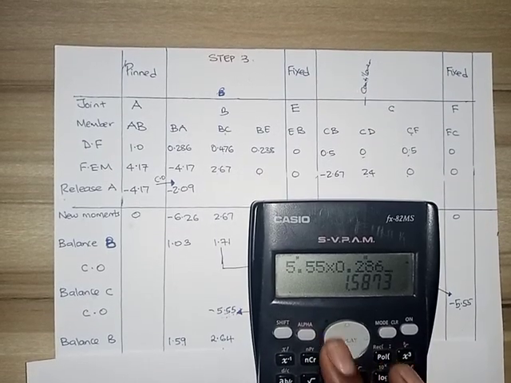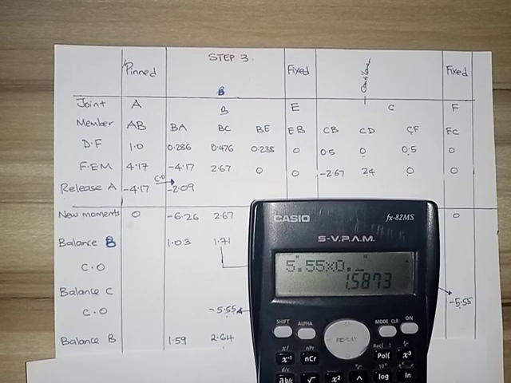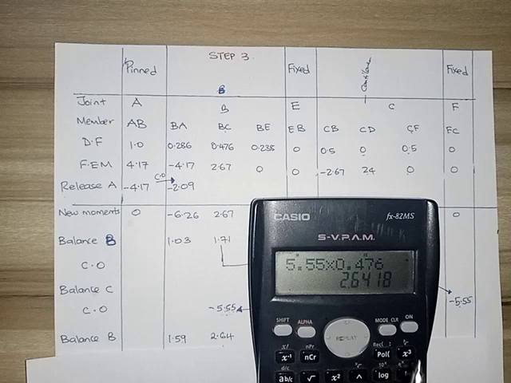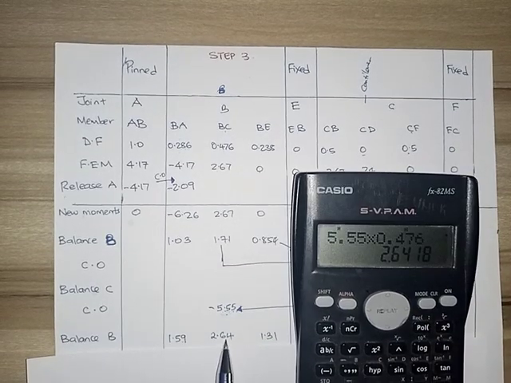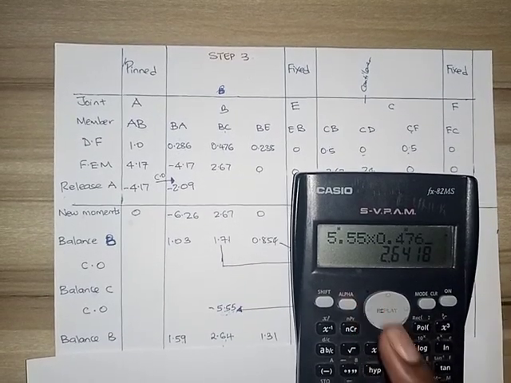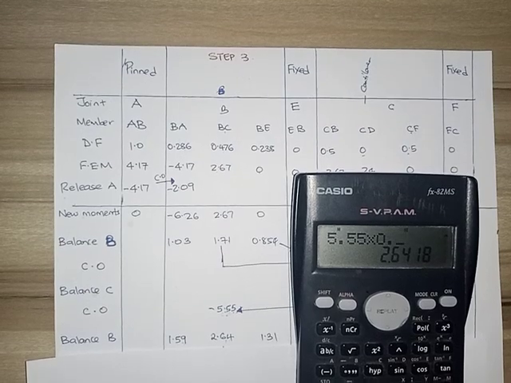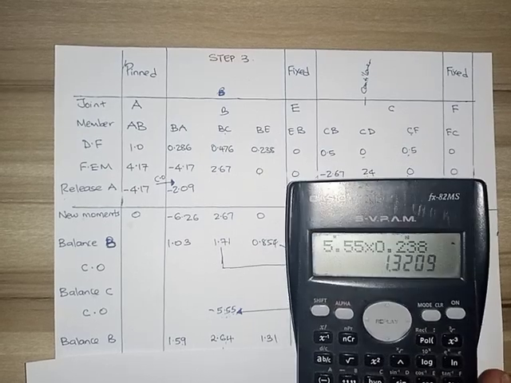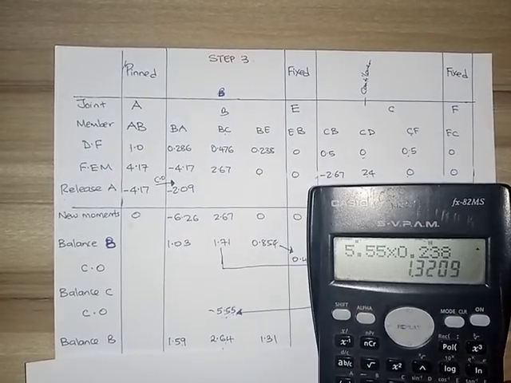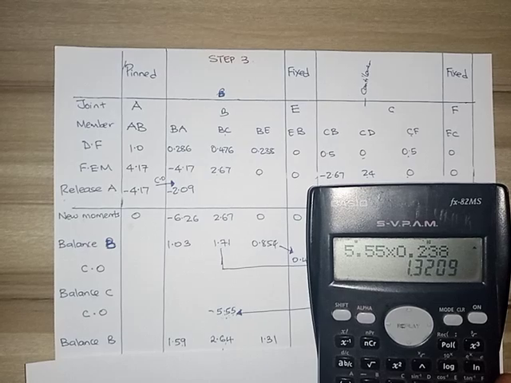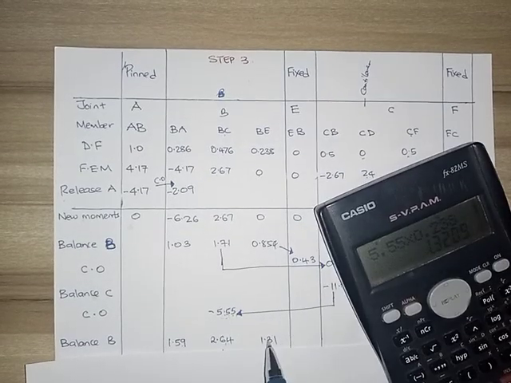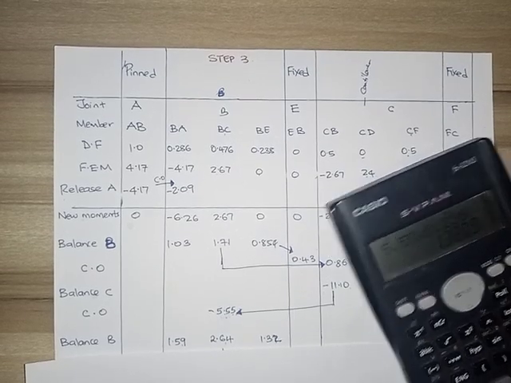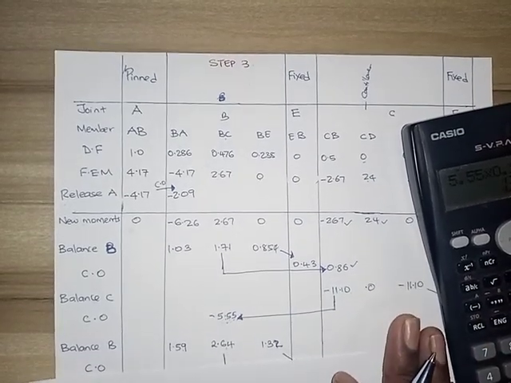Then for BC it will be 0.476, you get 2.64, and finally BE 1.32. I believe this is 1.32.